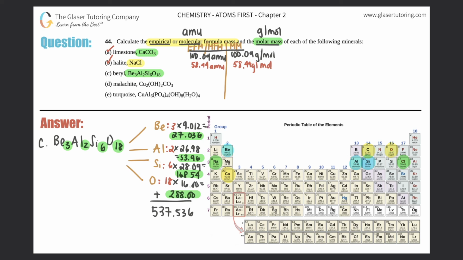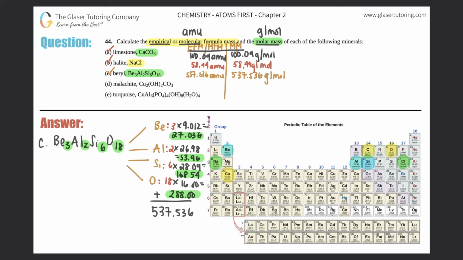So now we just got to put it in the correct category. If we're talking about molar mass, it's 537.536 grams per mole. But if we were talking about empirical or molecular formula mass, it would be 537.536 AMU. Check that one off. That one is good.